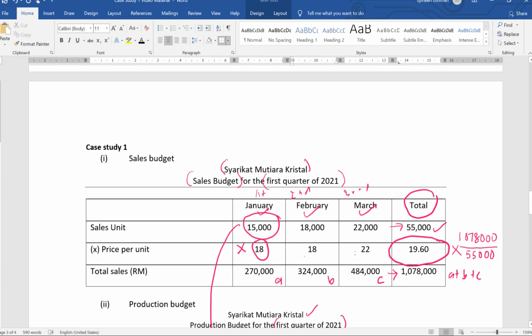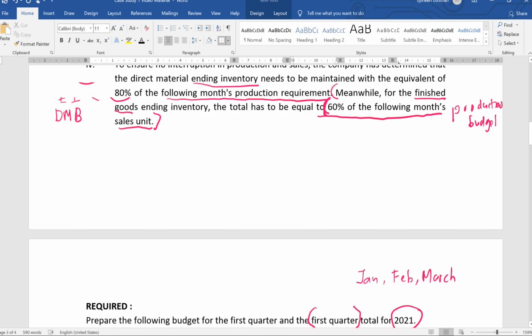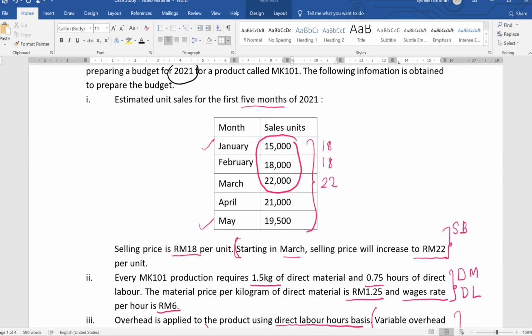Okay, so bila kita nak data untuk April, so that is why in the question dia bagi kamu maklumat sehingga bulan Mei. So saya akan guna data bulan April. Data bulan April ialah 21,000. So ending inventory untuk March ialah 60% daripada 21,000. Okay, alright.